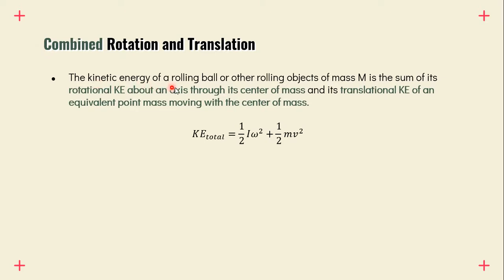The kinetic energy of a rolling ball or other rolling object of mass m is the sum of the rotational kinetic energy about an axis through its center of mass and the translational kinetic energy of an equivalent point mass moving with the center of mass. So in rolling motion, the kinetic energy is equal to 1/2 Iω², which is the kinetic energy of rotation, plus 1/2 mv², which is the kinetic energy of translation.